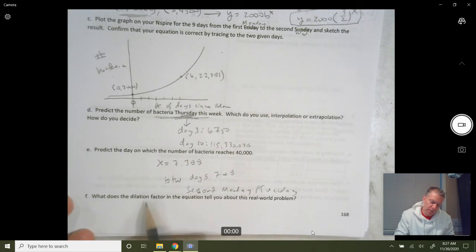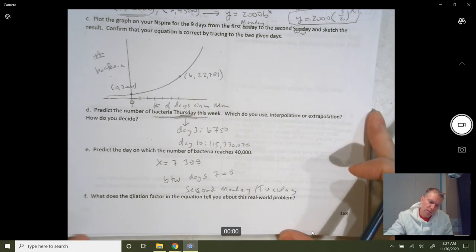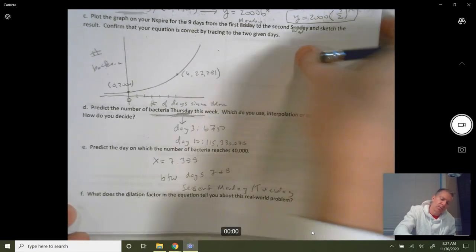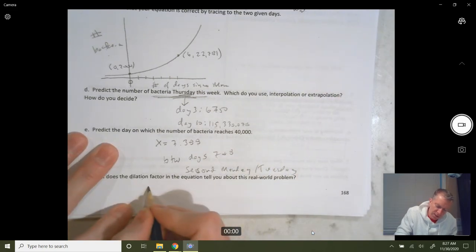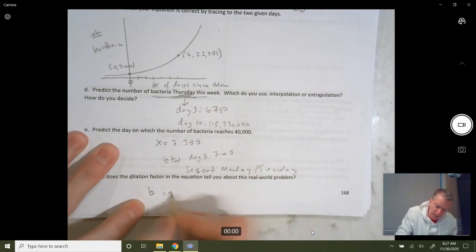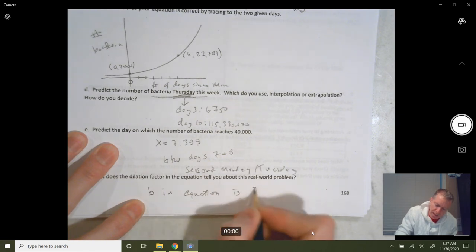And I think we already talked about this dilation factor. What are we talking about there? By what factor did it increase every day? Oh, okay, the dilation factor. I see what it's saying. So that's the 3/2. Your 3/2, the b in the equation, is 3/2.